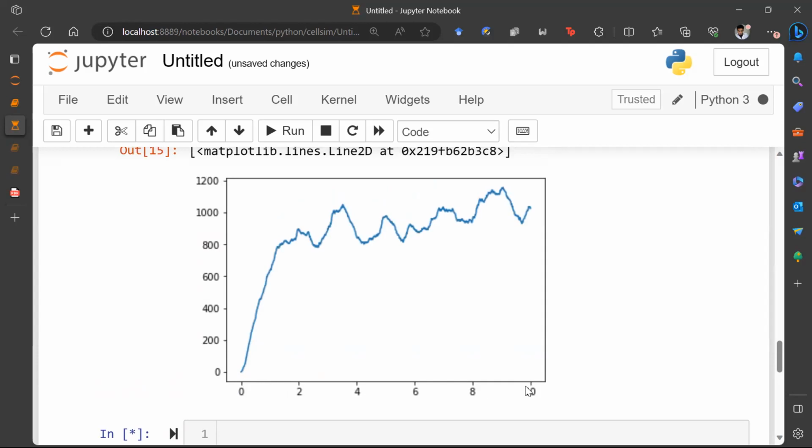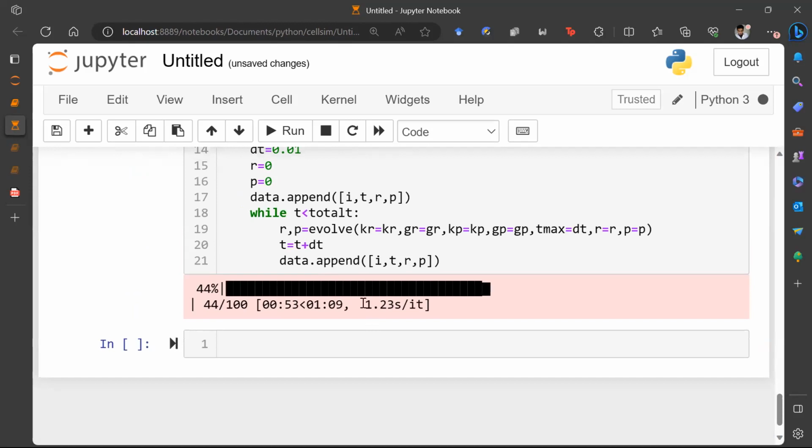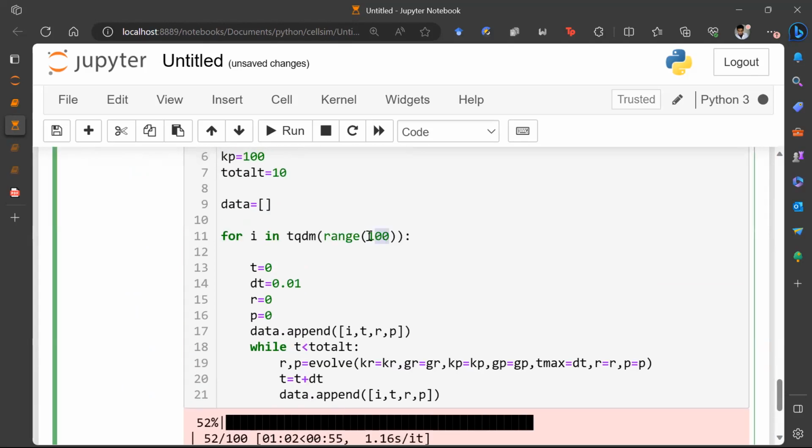So 1,000 events every unit of time times 10 is going to give you 10,000 events every simulation. So the number of events can be so high that the problem with the birth process in this case is the time that it spends can be relatively high. That's why I started with 100.